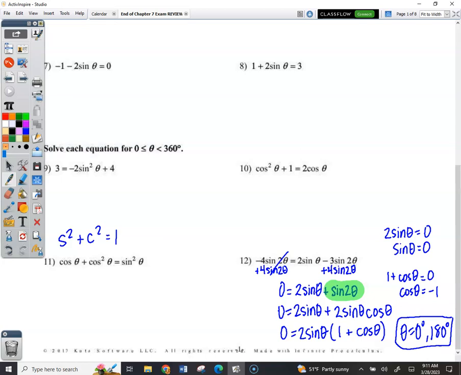I need sine squared. All right, so sine squared is 1 minus cosine squared. I plugged that in. Then that let me have 4 terms where 2 of them are now like terms, the 2 cosine squareds, so they'll combine. And then it's a solve by factoring. It'll factor nicely.